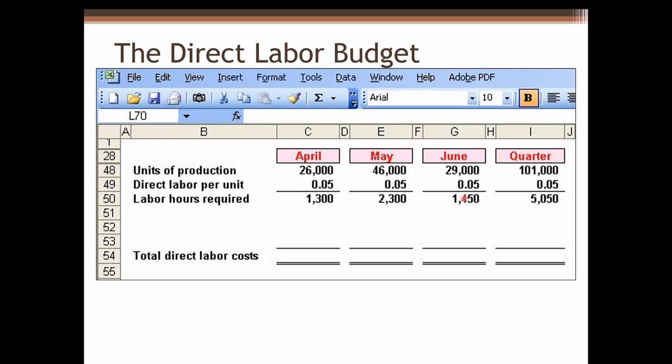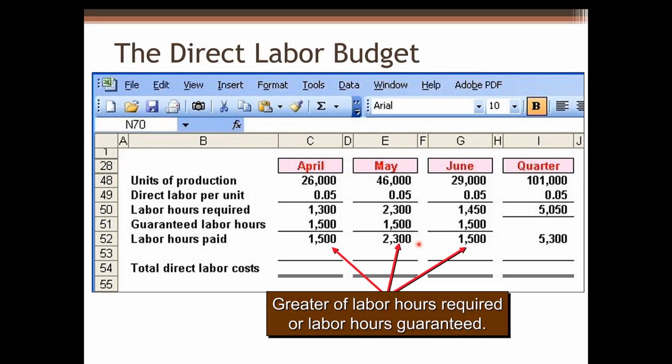So for April and June, labor hours required are less than 1,500 hours, but because of the no layoff policy, the company still needs to pay 1,500 hours to employees. If we take a look here, guaranteed labor hours, at least 1,500 hours. For April and June, labor hours paid should be 1,500 hours.